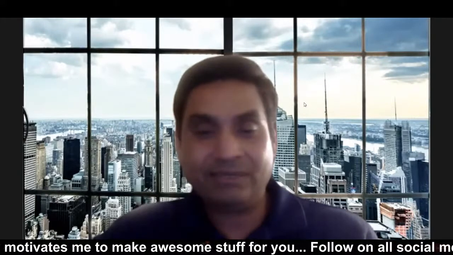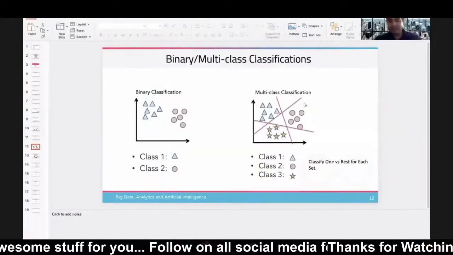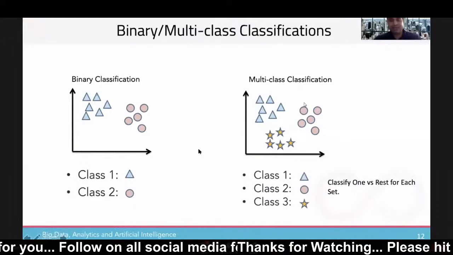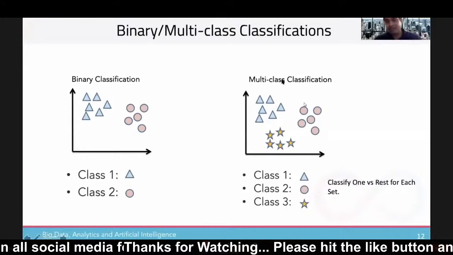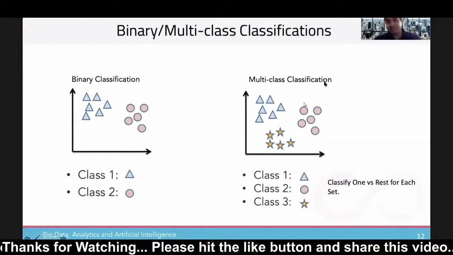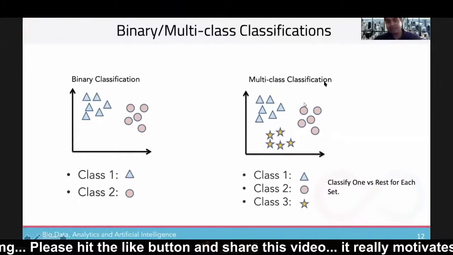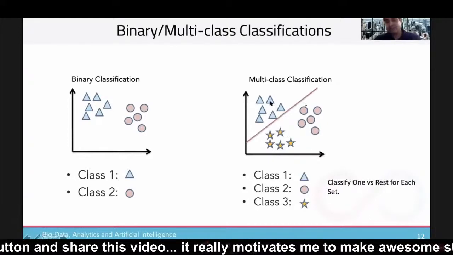If I share this one, I think we have seen this. This is the binary classification, where there is a class versus the other points. Then we predict primaries versus others, so we know which data is primaries.